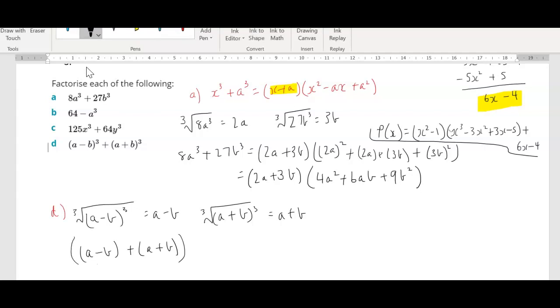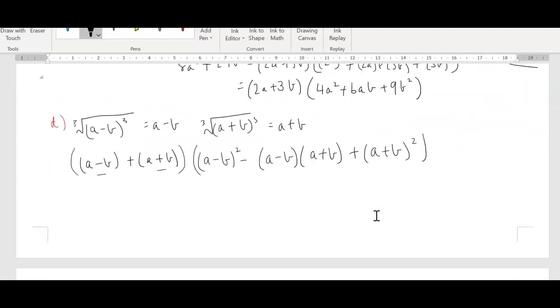Okay, we've got our x and then our a. And then we've got x squared, so a minus b squared, minus a minus b, a plus b, plus a squared. All right, we just need to tidy this up a little bit. A plus a is 2a, and then negative b plus b, so we're just going to leave it as 2a.